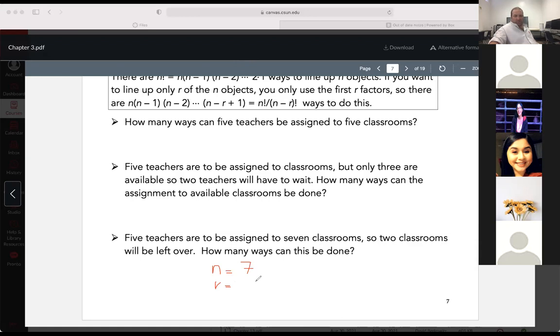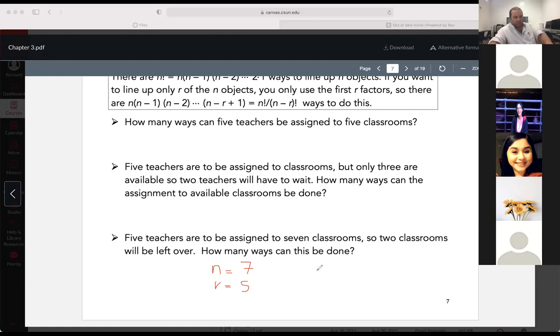And our R is going to be? 5. In this case, we're counting classrooms. 7 classrooms, and we're going to pick 5 of those classrooms. In the last example, it was 5 teachers, and we're going to pick 3 of those teachers. Here, 7 classrooms, 5 of those classrooms. So how many ways can we make this choice?